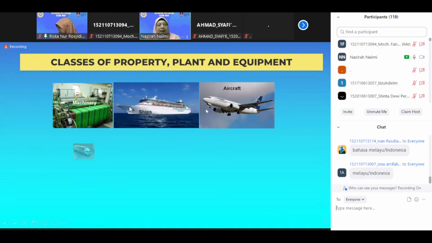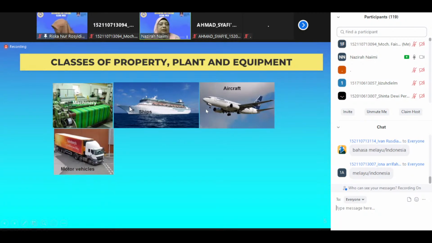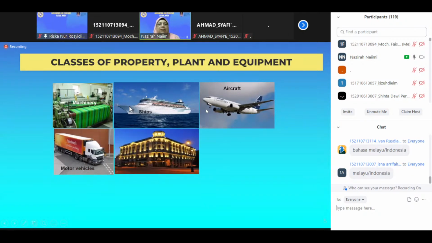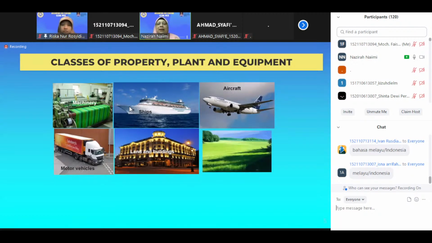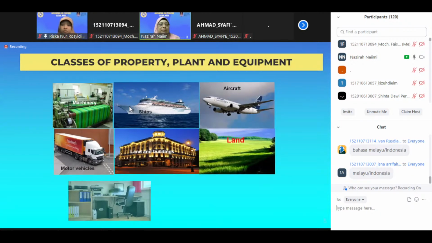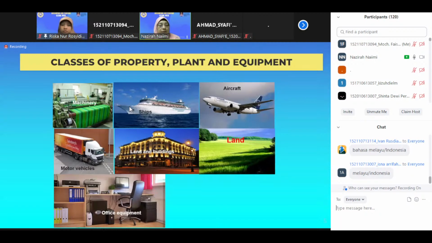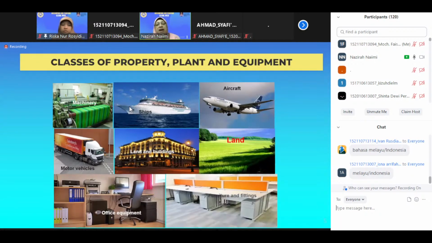Aircraft, plant. Motor vehicle, also plant. What is this? A building, land and building, under property. Land, definitely under property. Office equipment, in the equipment. Furniture and fitting, also in the equipment.